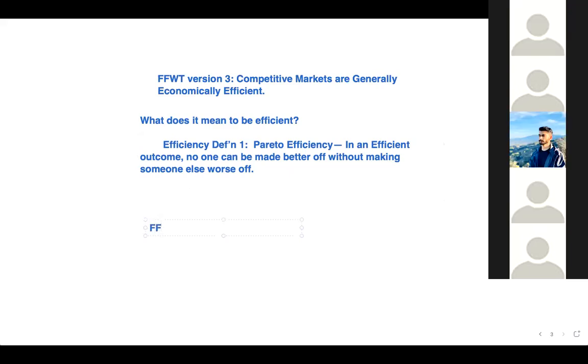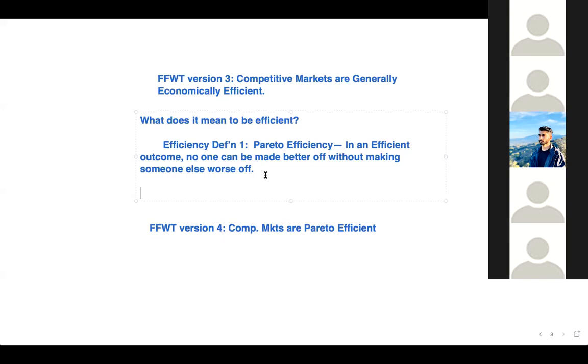So first, fundamental welfare theorem version 4, which is: competitive markets are Pareto efficient. So now I've been more specific. I know what type of efficiency I'm talking about. Okay. Does that make sense, Jessica?